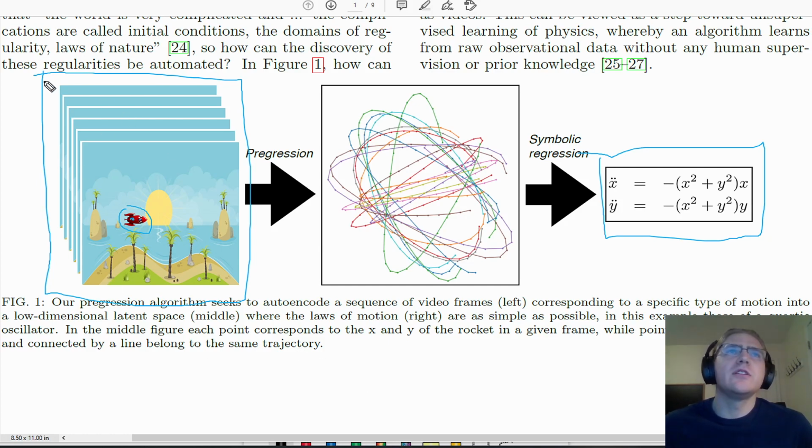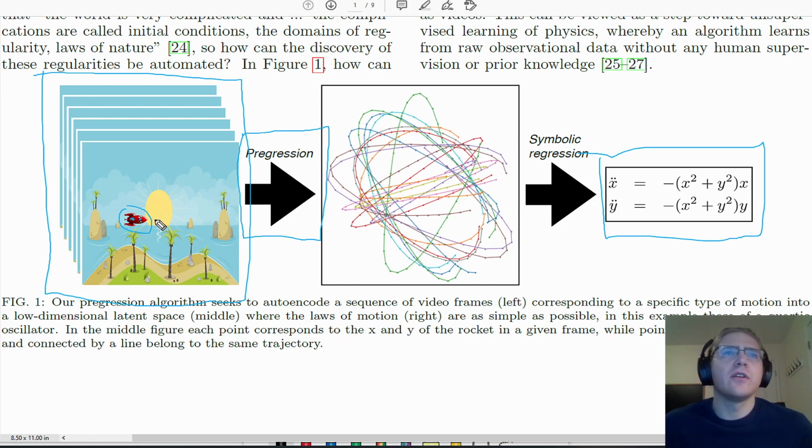So we need to simplify this. We need to somehow extract the useful degrees of freedom out of here to get vectors that we can run the symbolic regression on. And that step is what they're calling this pregression.